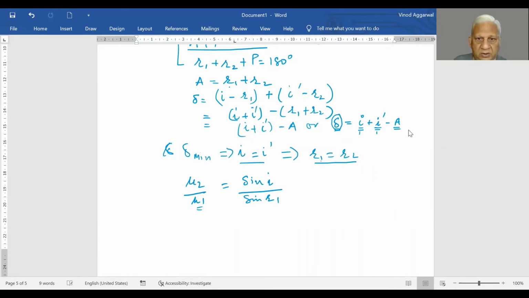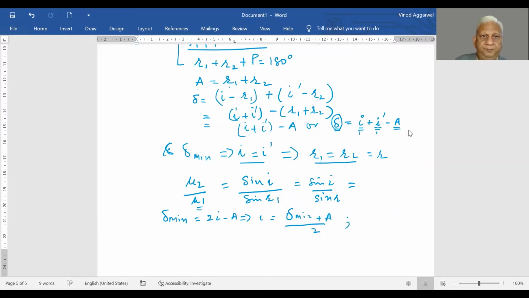Now, since R1 and R2 are same, we can call it R. And I we have seen is what? Delta minimum is equal to 2I minus A, which implies I is equal to delta minimum plus A by 2.